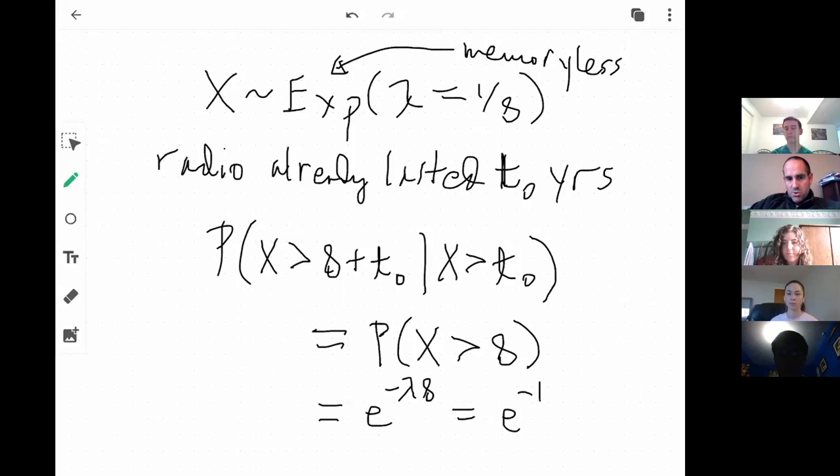The square of a standard normal comes up quite a bit, especially in statistics applications, because you're often trying to estimate the variance of some distribution. And of course, the variance involves the square of a random variable. So that's where that arises naturally.